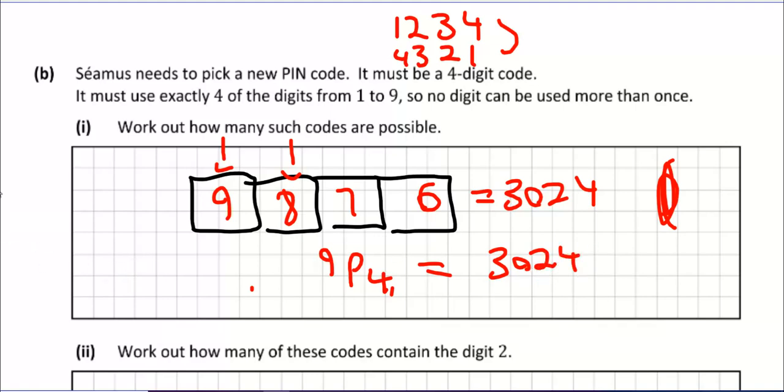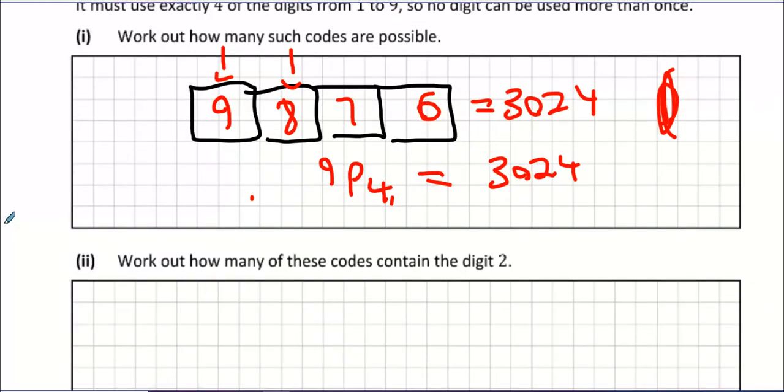Okay. Work out how many of these digits contain the number 2. 2 is already chosen. Agreed? So that means 8 of them are left over.